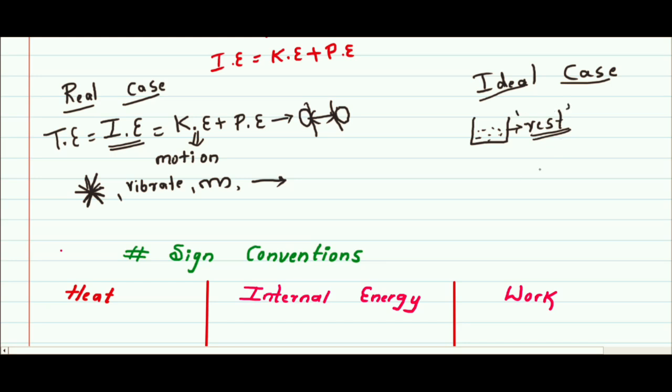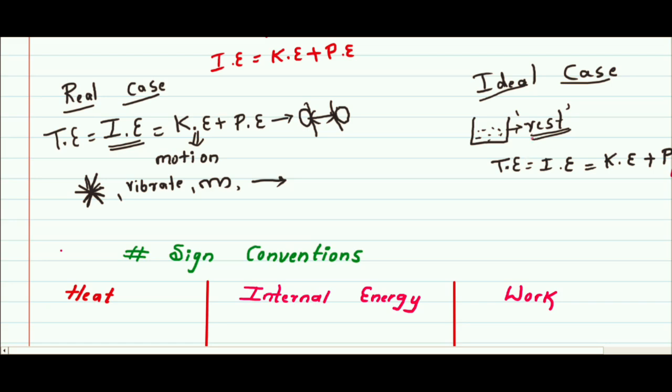Now we define the internal energy. Total energy is equal to internal energy, and internal energy is equal to kinetic energy plus potential energy. But in the ideal case, the potential energy turns out to be 0, right?